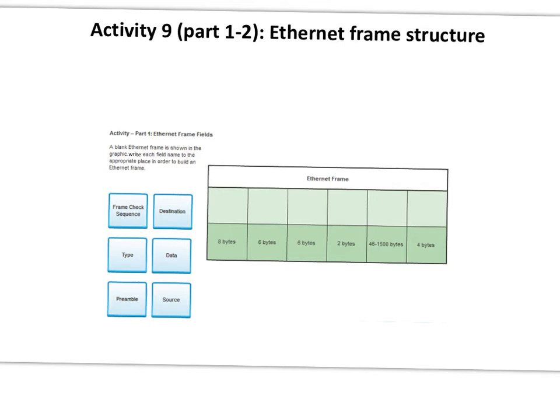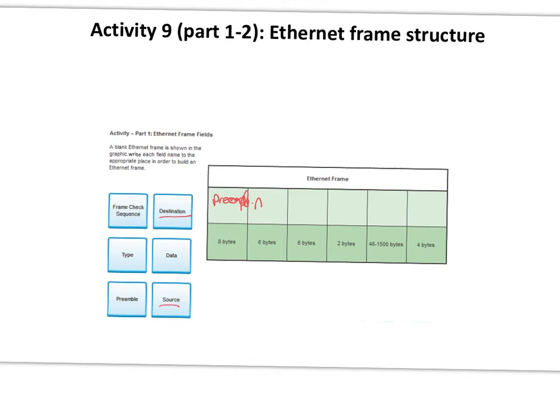So, matching these boxes in the spaces here, what is the first one? What comes in the beginning of that frame? Nawaf, please. Preamble. Okay. Then after this, the address. Bravo. Here we have 2 addresses: destination and source.